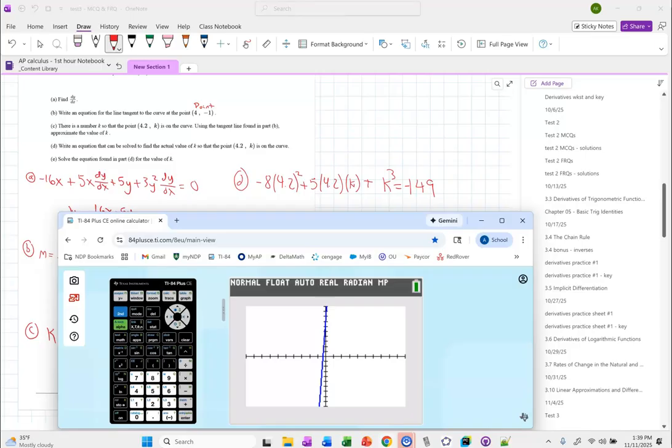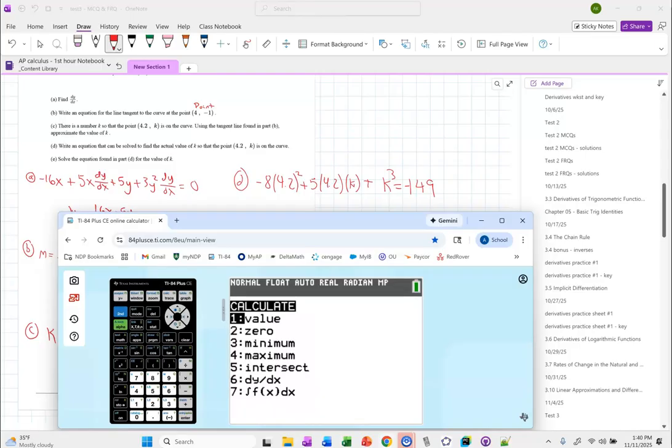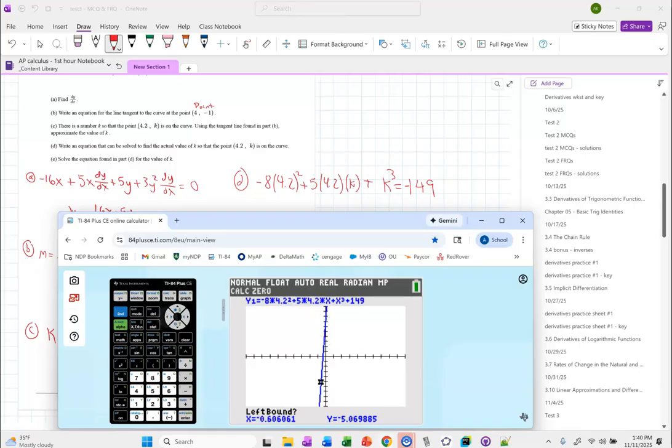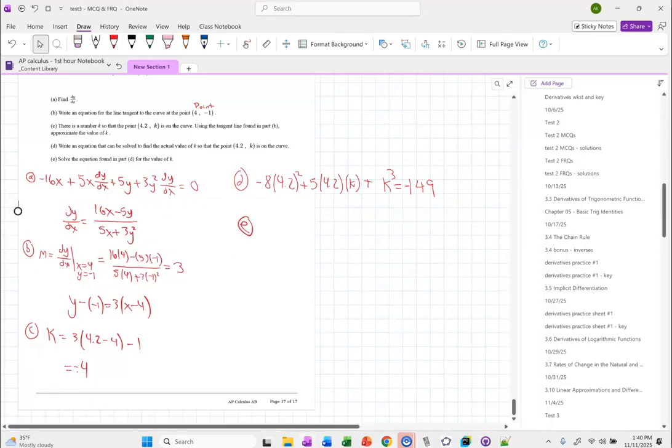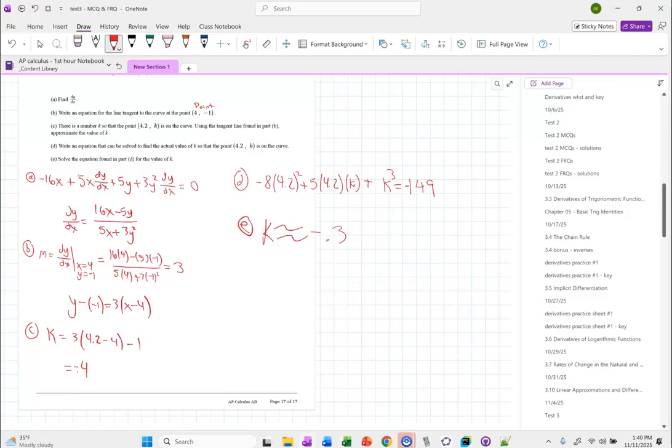I see an x-intercept, that's what I was looking for. Second trace, zero command. Left bound, right bound, guess. So about 3.73, or negative 3.73. That's the x-intercept, the value for k.